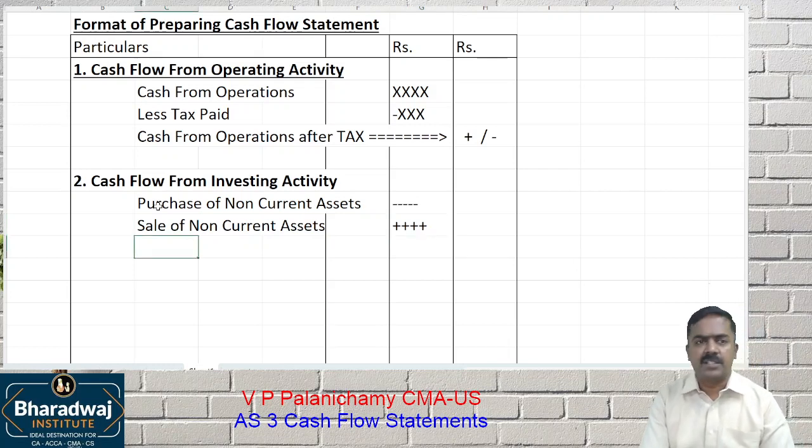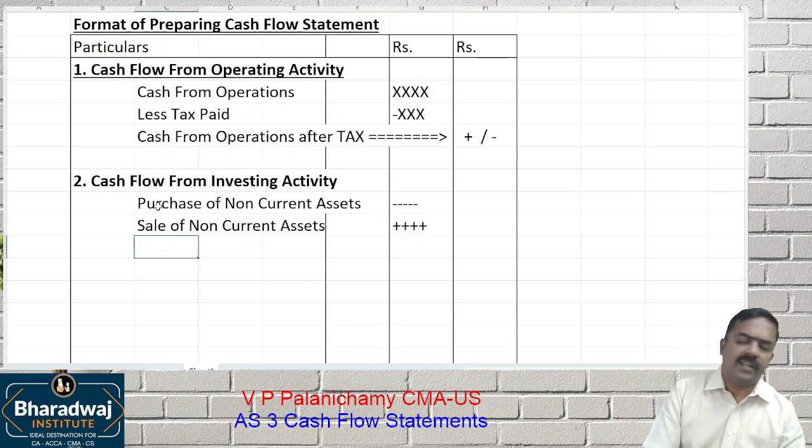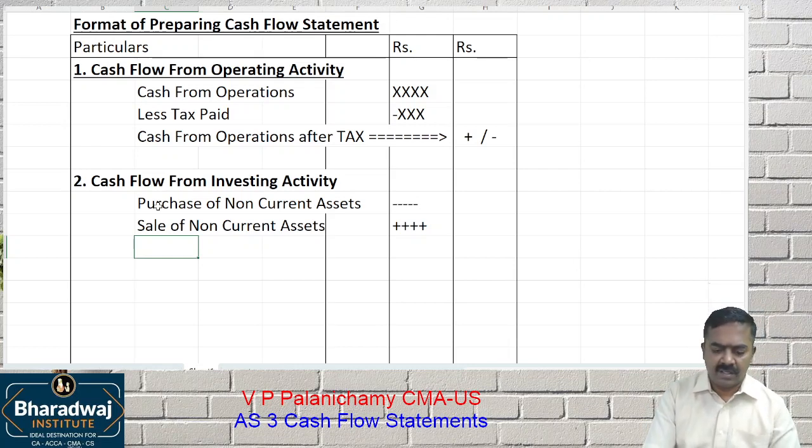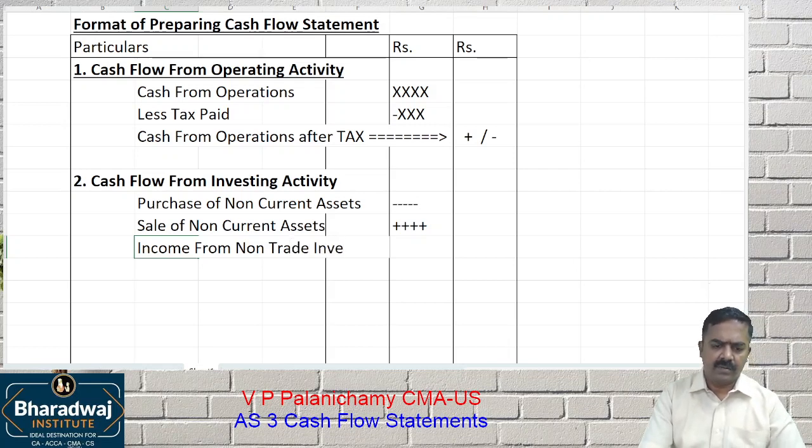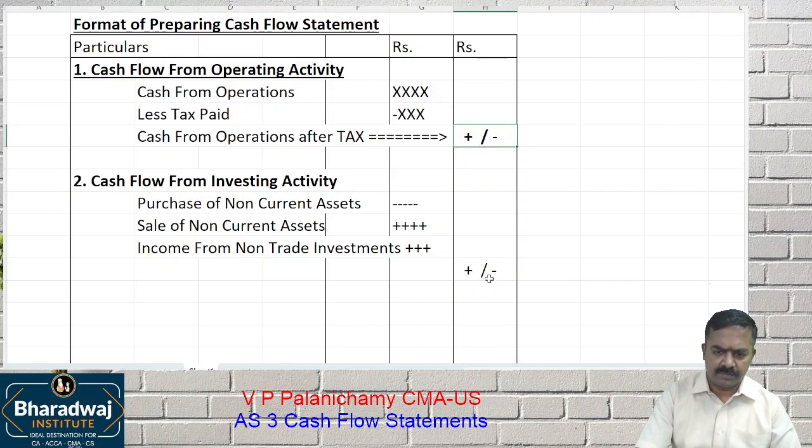Plant, machinery, tangible assets, intangible assets, long-term investments, even income from non-trade investments or long-term investments. This also, the outer column amount can be a positive amount or a negative amount.